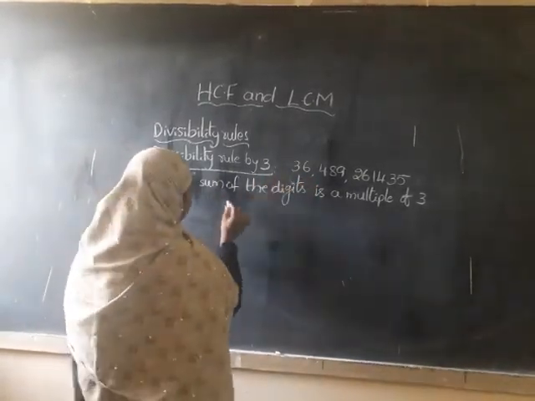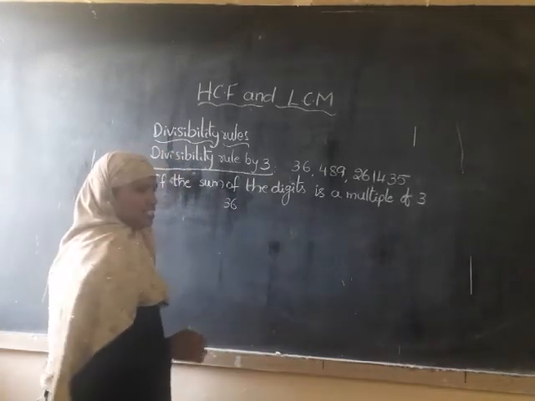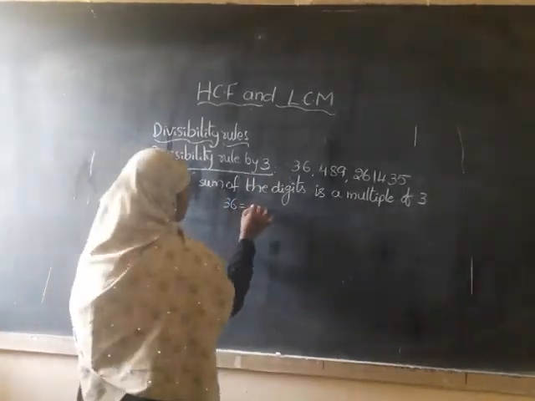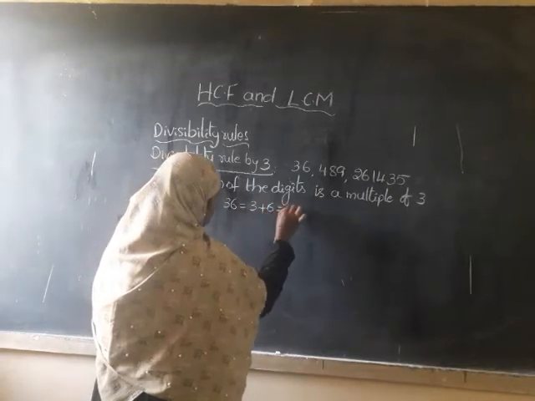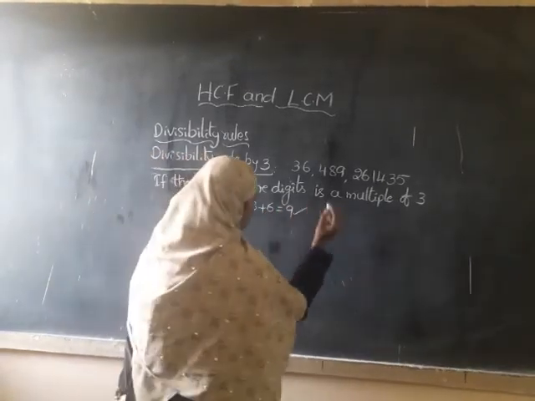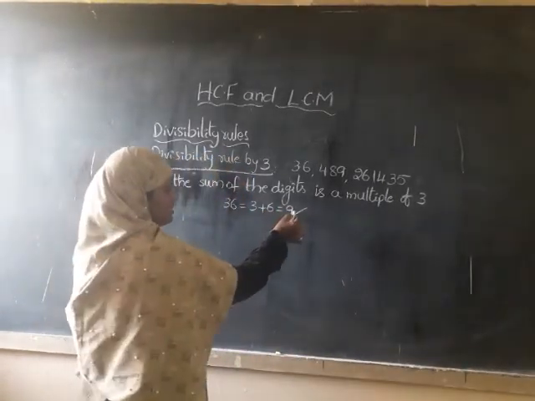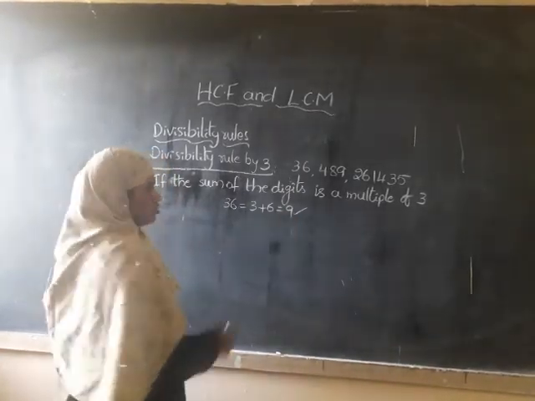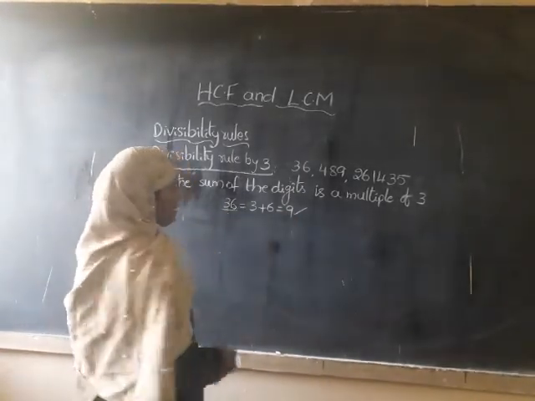Suppose take 36. Sum of the digits is nothing but adding the given digits. That is 3 plus 6 equal to 9. Is it a multiple of 3? Yes, 3 threes are 9. So 36 is completely divisible by 3.